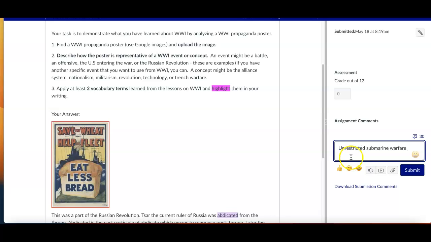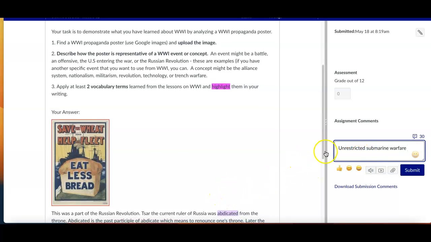Unrestricted submarine warfare. So the Germans were using unrestricted submarine warfare against the British and actually the French as well, which is one piece that you can connect to the ship that's in the background.